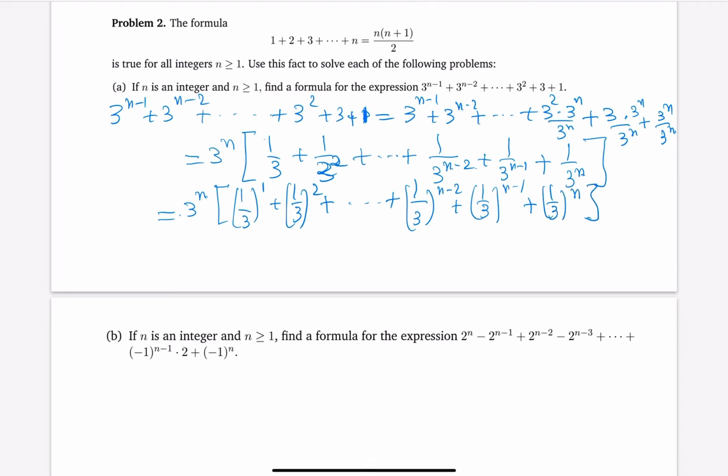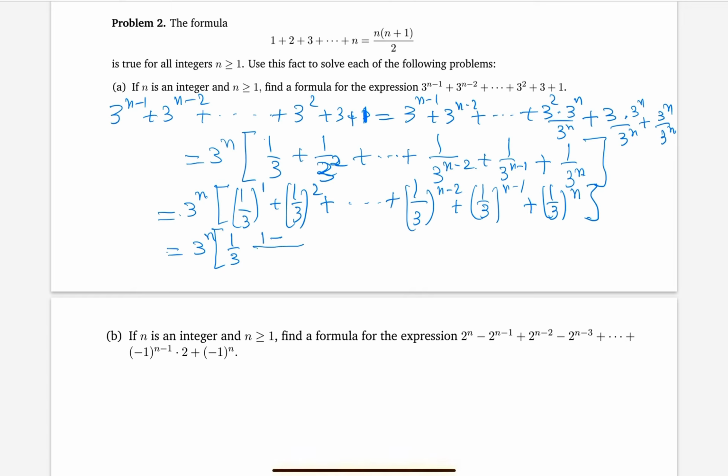Here is a geometric series with a ratio of 1/3. So here you will have 3 to the n times the sum. Now remember the formula for the sum of a geometric sequence with a given ratio. The first term is 1 over 3.